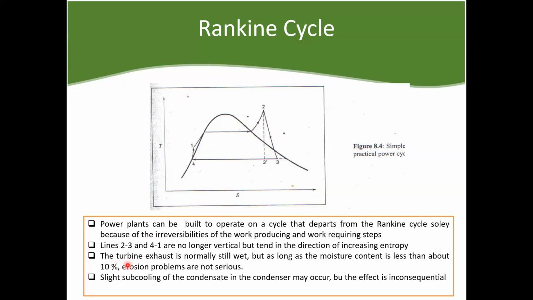The turbine exhaust is normally still wet because it's inside of the saturated curve. But as long as the moisture content is less than about 10%, since we are far to the right rather than to the left, closer to the saturated vapor, which means that the quality is higher or the amount of vapor is higher, as long as the amount of saturated liquid, or the amount of moisture, is less than 10%, then erosion problems are not serious.